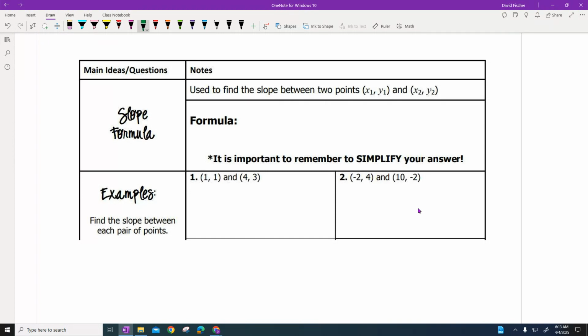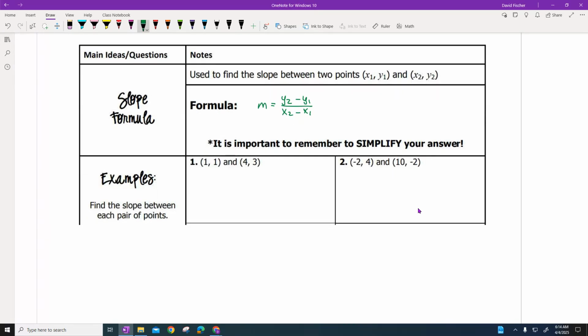Then this 2 here means the second coordinate, the x part of the second coordinate, the y part of the second coordinate. And then we can use this formula that says m equals y sub 2 minus y sub 1 over x sub 2 minus x sub 1. It's always the y's on the top, x is on the bottom.